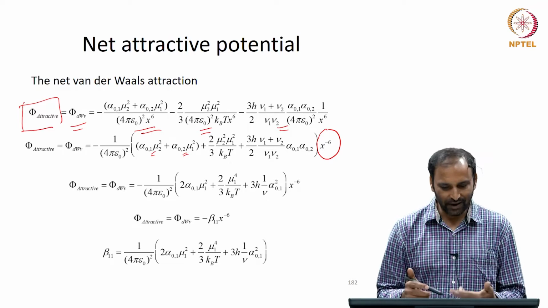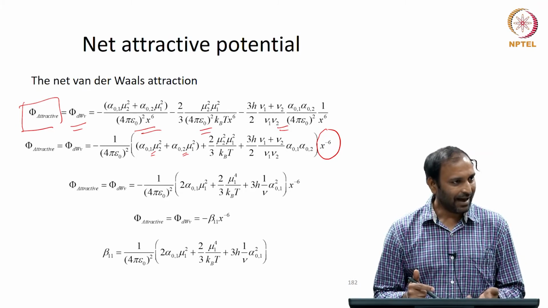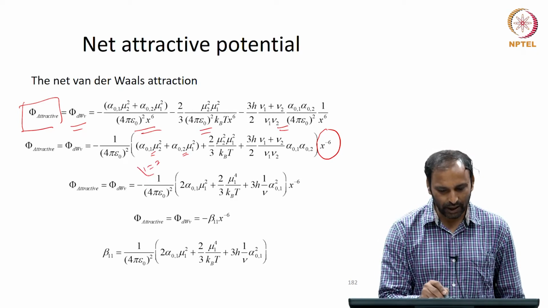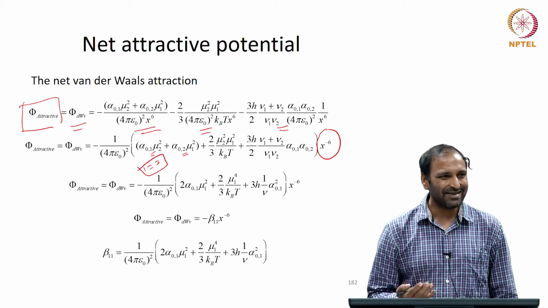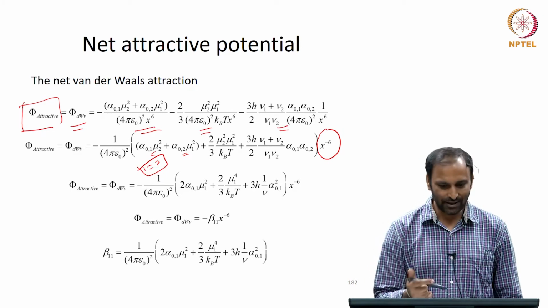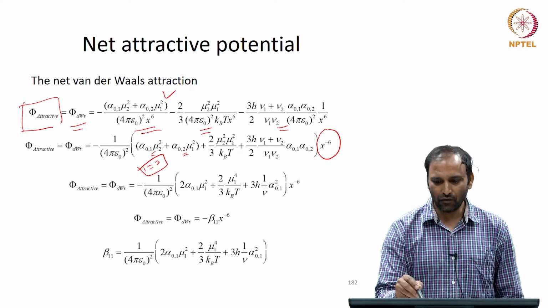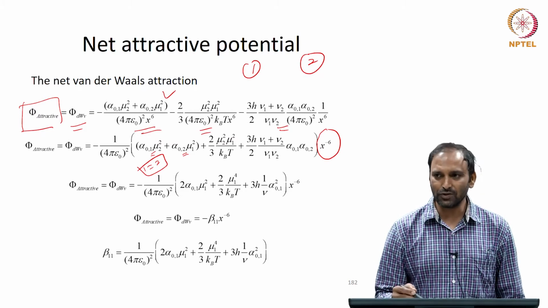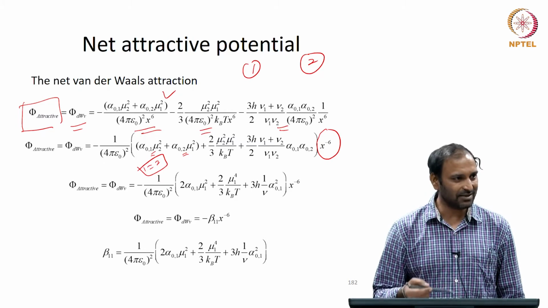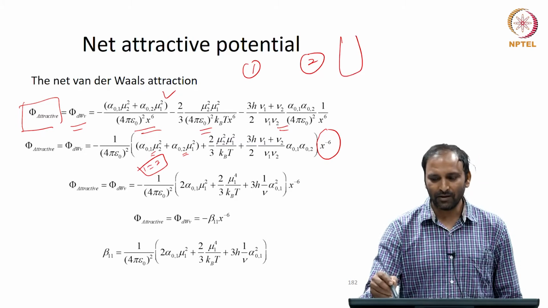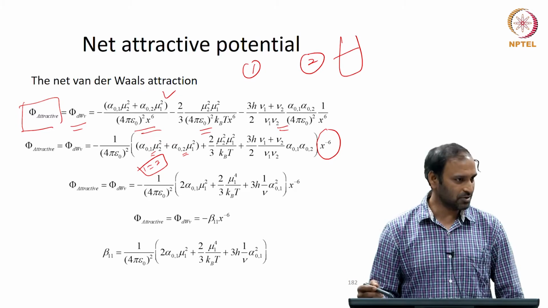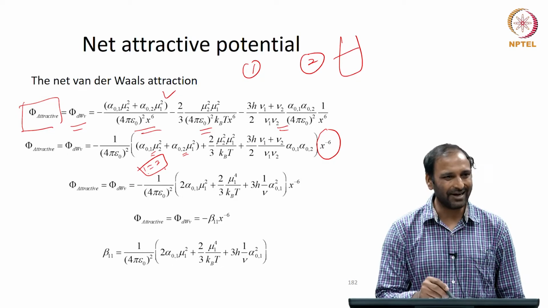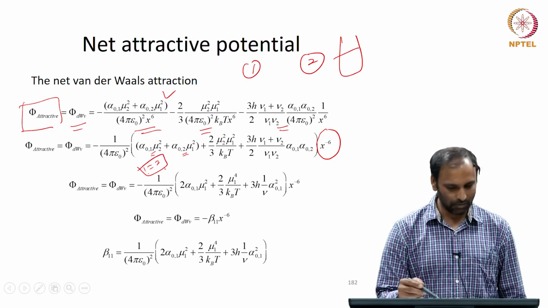This expression is for atoms or molecules which are not identical. But if I have identical atoms or molecules, for example, if I am worried about the van der Waals interaction between water molecules in a container which has only water, then 1 is equal to 2, because you are talking about interaction between like atoms or like molecules.